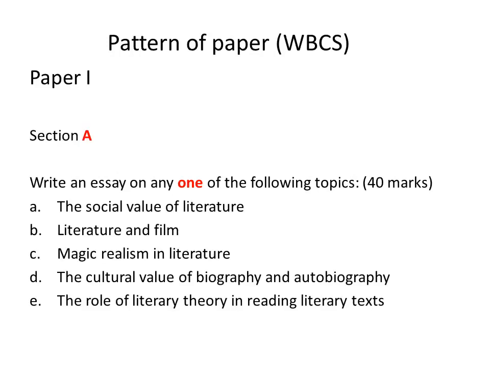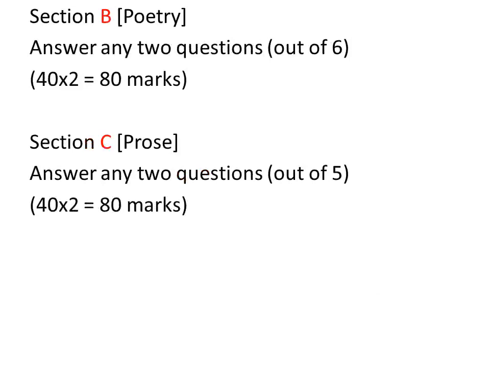Say in case of literature and film, you could talk about adaptations, right? But anyway, there are options, so any one of these topics. Section B mostly has questions from poetry, and Section C has questions from prose.